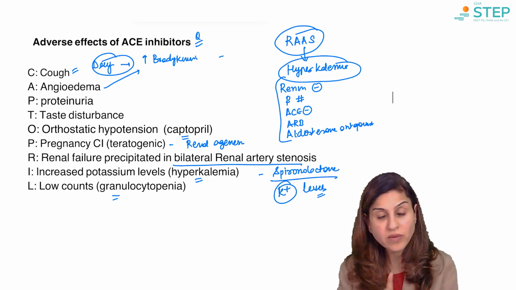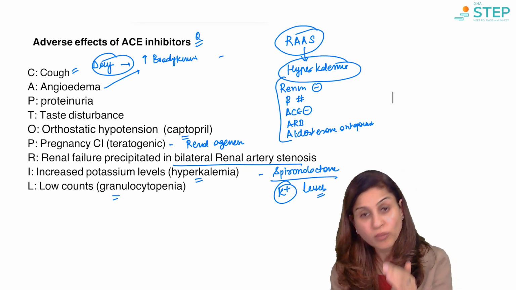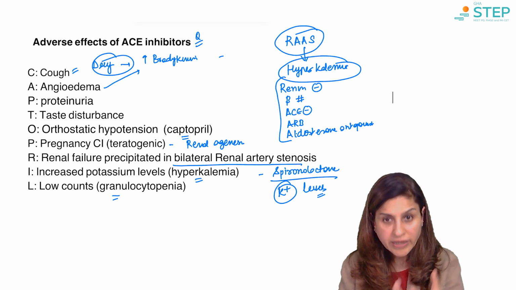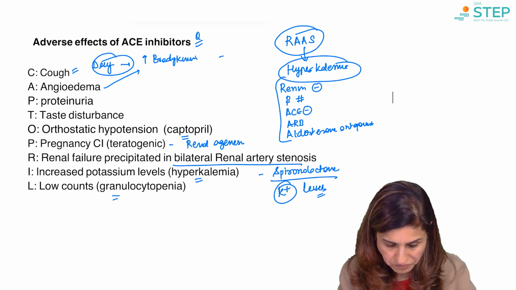Aldosterone otherwise causes sodium and water retention and it throws away potassium. But when you're blocking this effect of aldosterone, there will be the opposite effect. It will be retaining potassium because it is not retaining sodium and water now.